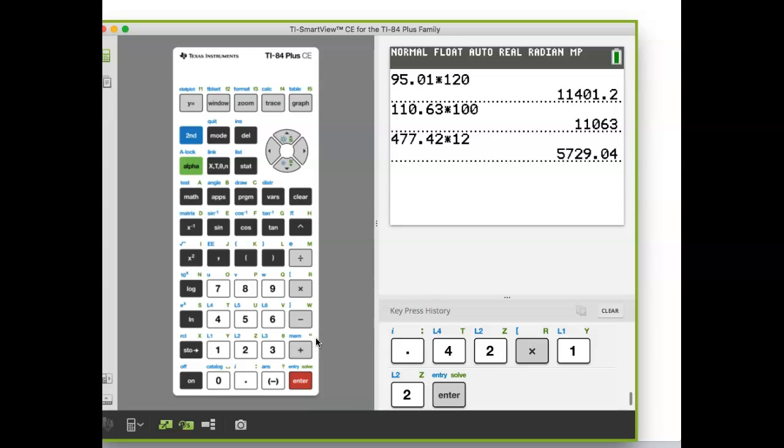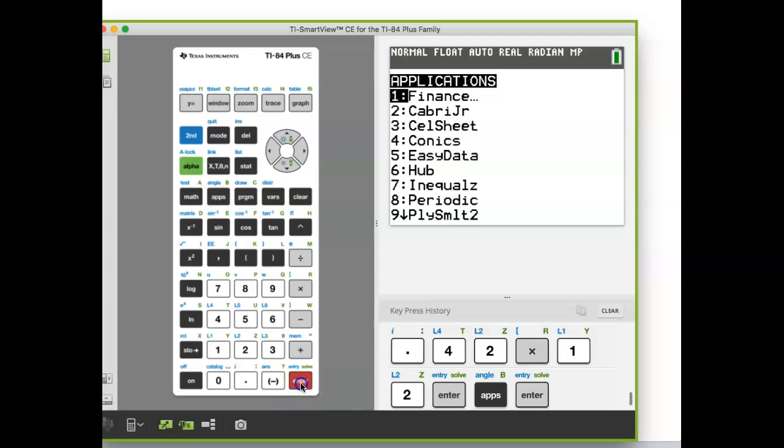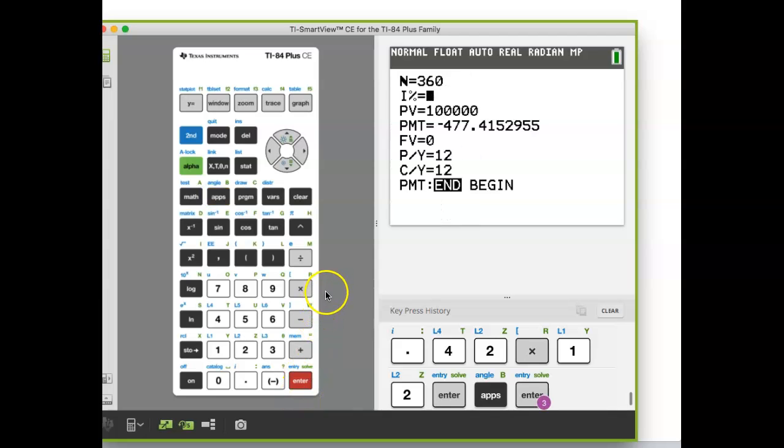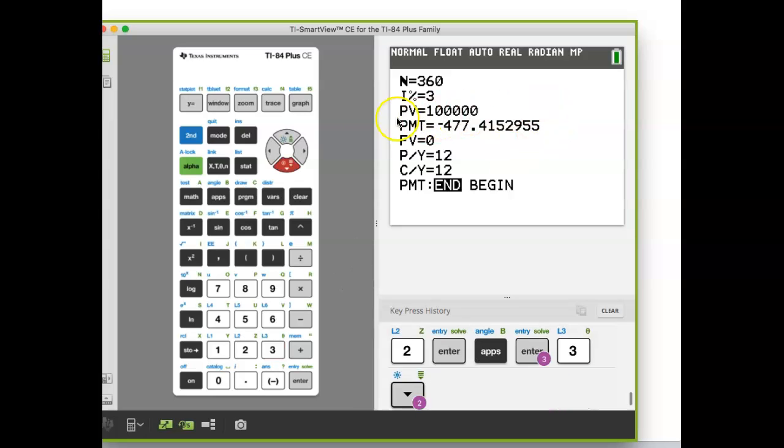All right, and I'm just making a note of that. And then our 3% loan, let's see. So all I want to do is go back into my time value money solver. I'm going to change my interest to 3, and I'm going to resolve for payment.